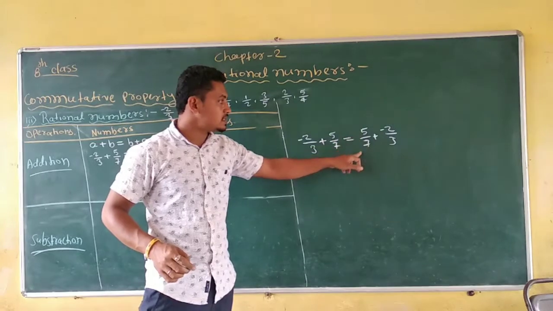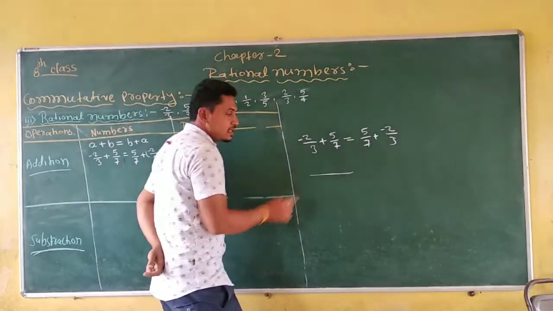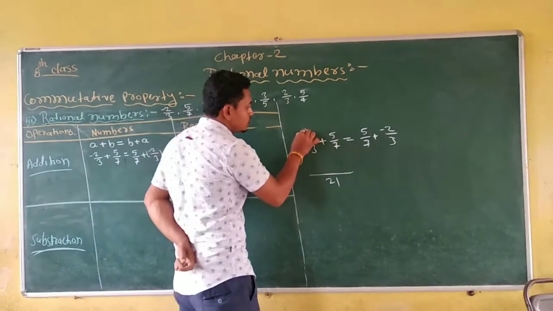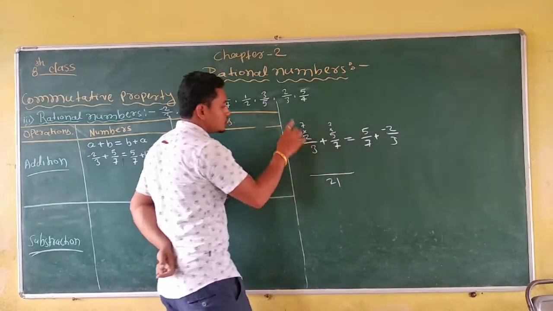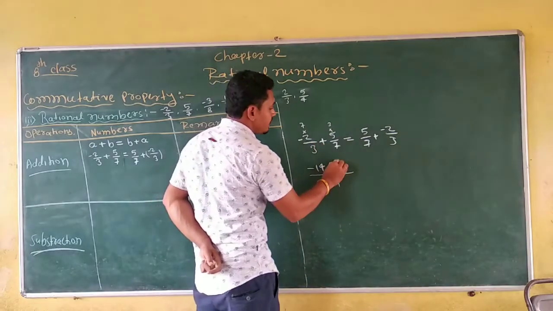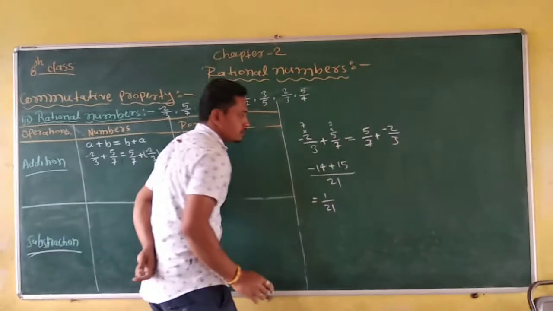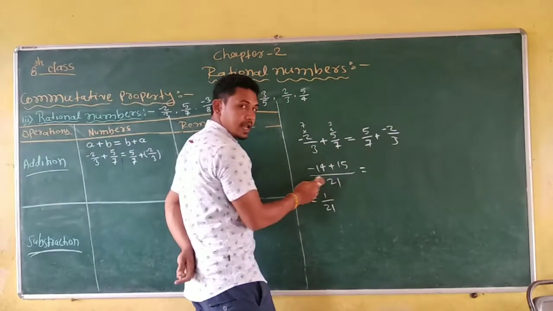The LCM of 3 and 7 is 21. So multiply by 7 and by 3. 2 sevens are 14, so minus 14 plus 5 threes are 15. Therefore 1 divided by 21. This is the left hand side.